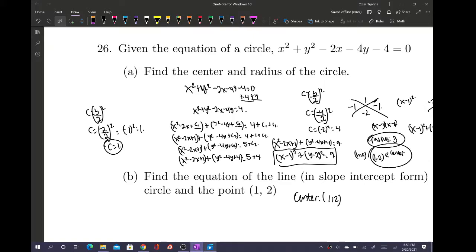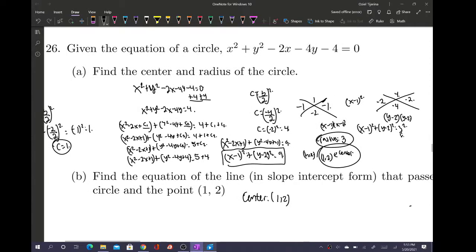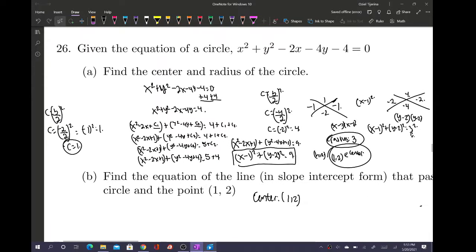So it's a little bit tricky. We have 4 plus 1, and then plus the (-4/2)², which was 4. And then it would be 5 plus 4. That's 9.